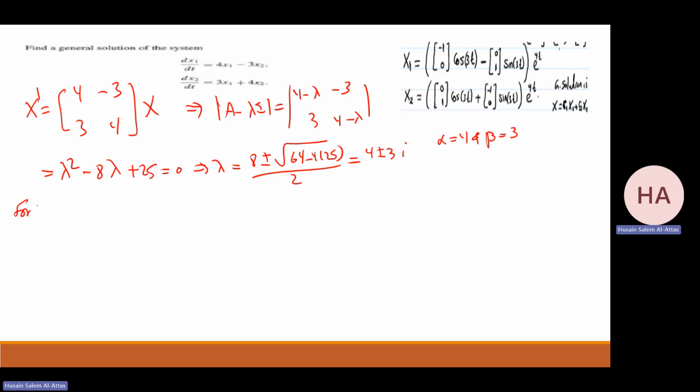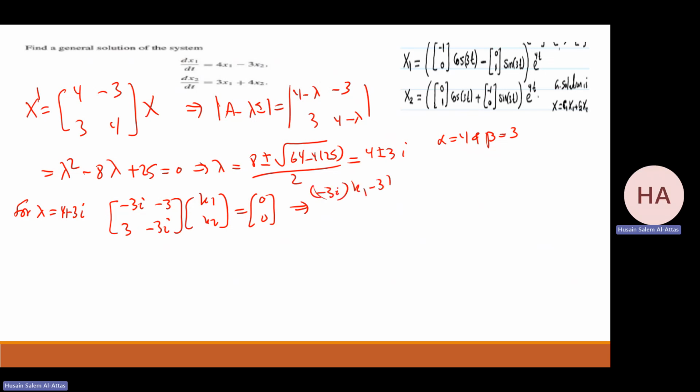So now for this eigenvalue, the positive one, I have what? Minus 3i, minus 3, k1, k2. This is 3 minus 3i. This is 0, 0. So I'm having minus 3i k1 minus 3 k2 equals 0. As I said, usually I try to use this as my checkpoint that what I did is correct. So multiply by i, the first one, you get 3, which is correct.